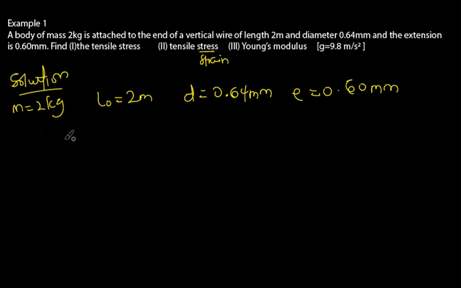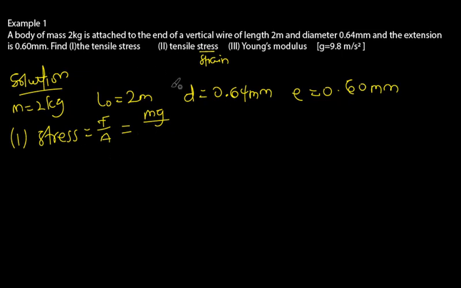Now let's look at what the question is asking us to find. The first part, we are to find the tensile stress. We know that the stress is force over area, which means the force is mass times gravity, divided by the area.